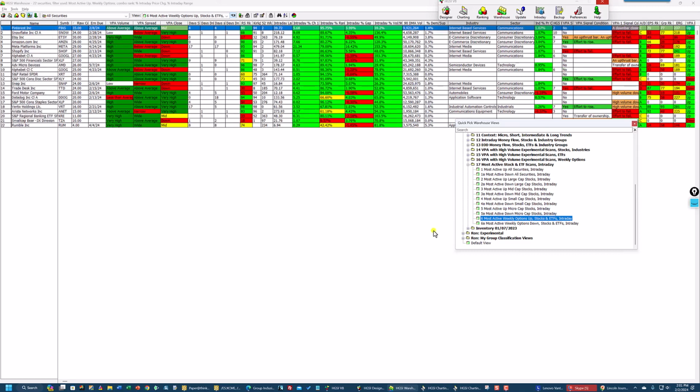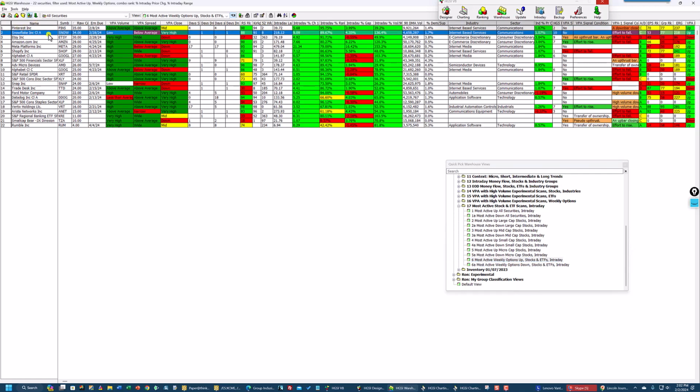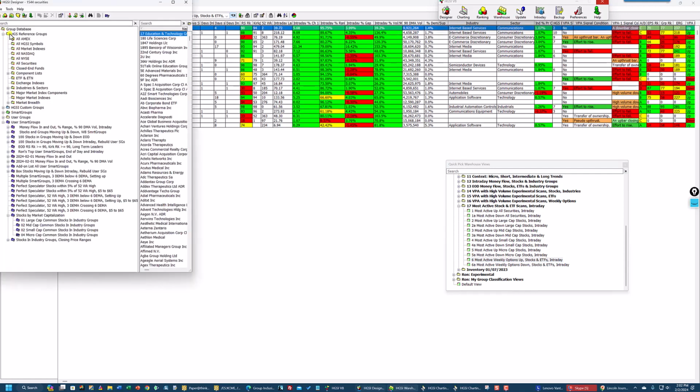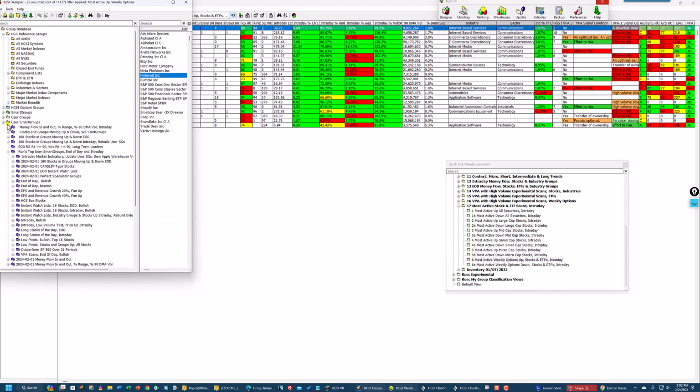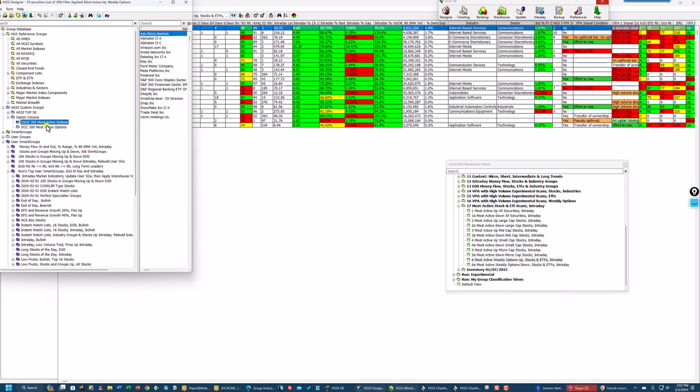And then this one, what I did here is I am looking at both stocks and ETFs. I have a few ETFs in here. What this is doing, it's going into the weekly options. So I'm going to bring the designer up, and these are updated every month or so. 300 most active options.